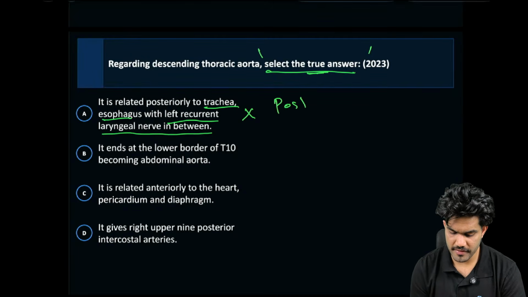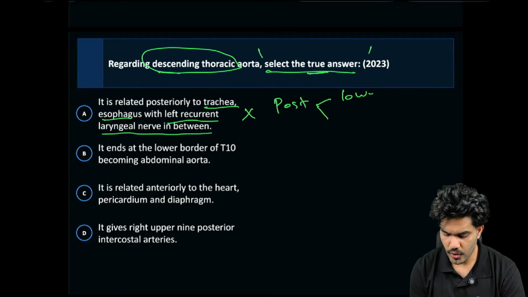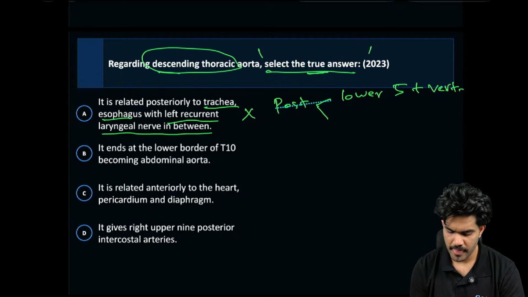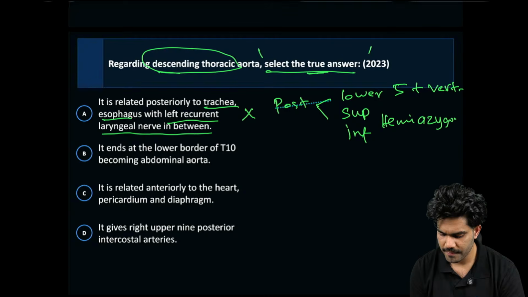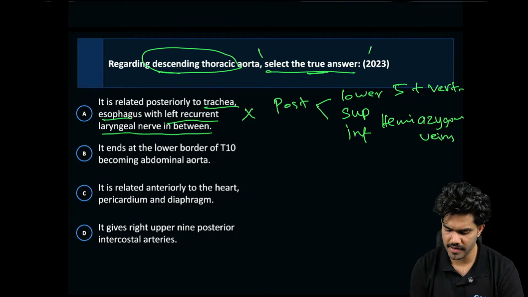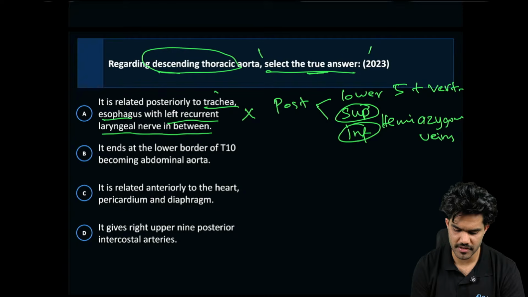Posteriorly, who do we have? In descending thoracic aorta, the posterior relation we have is the lower 5 thoracic vertebrae, plus we have the superior and inferior hemiazygous veins. Okay, hemiazygous vein posteriorly. So this is the wrong answer.